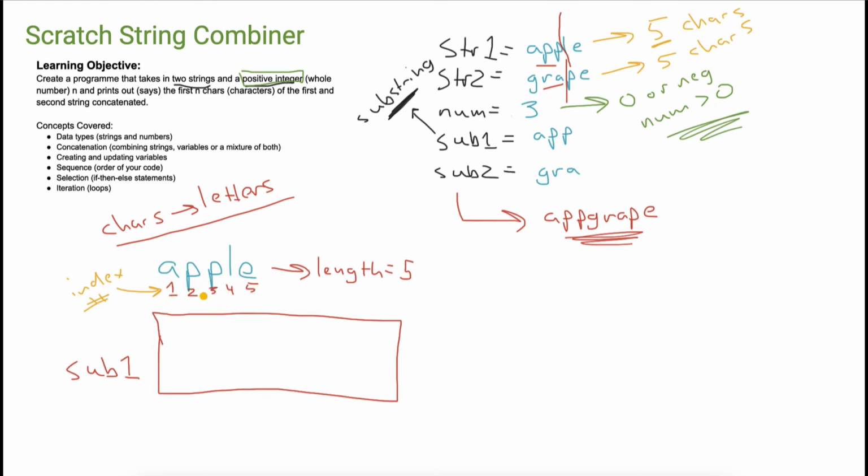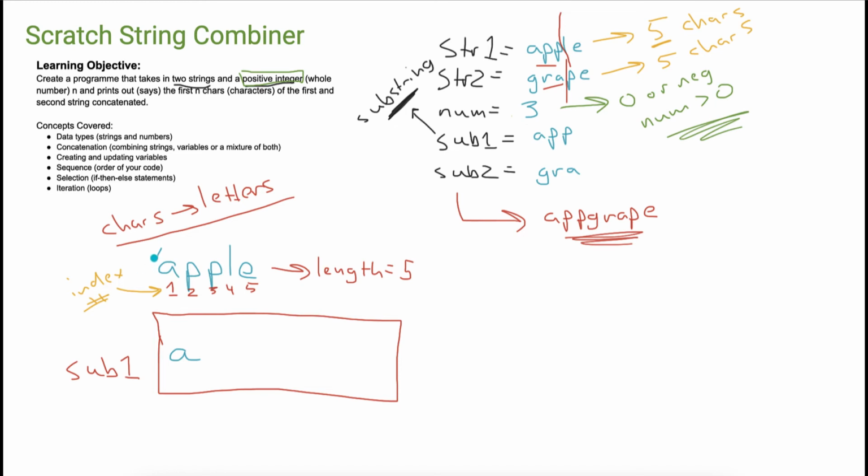Now, because the user typed in the number 3, we want to take up to the 3rd letter and add it to our new empty string called sub1. So on the first run of our code, we're going to take the letter at index 1 of our string, and we're going to add it to our new variable.